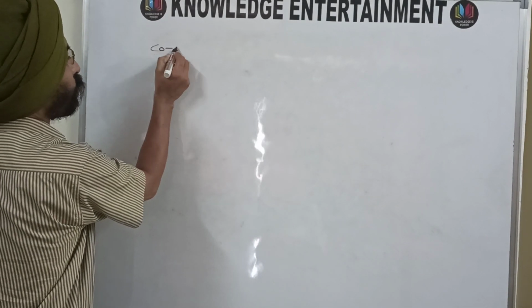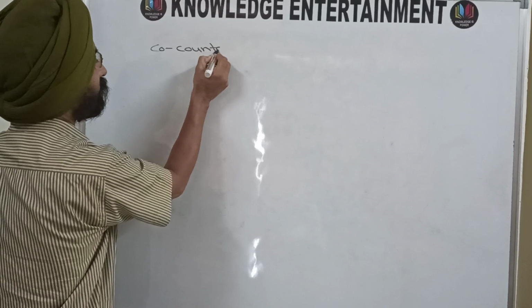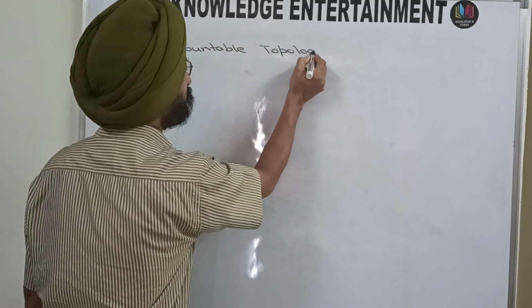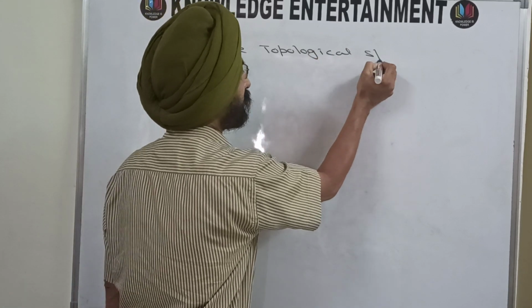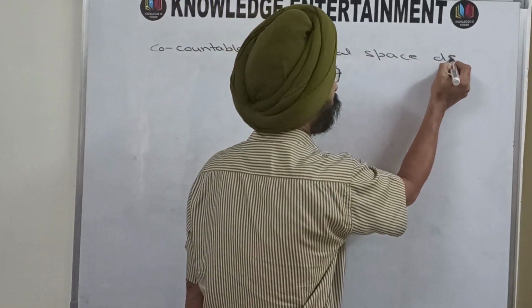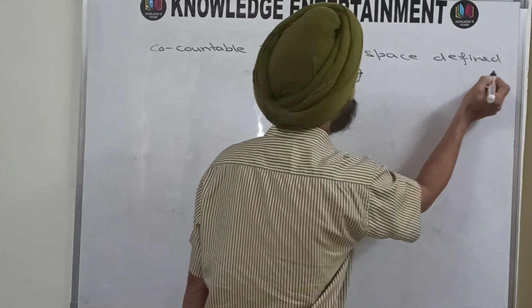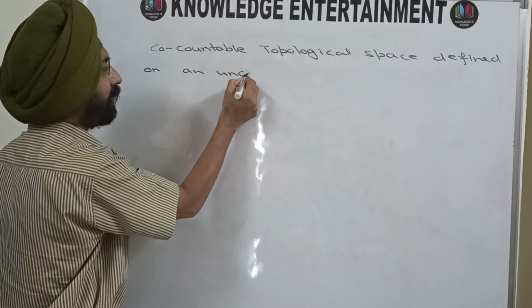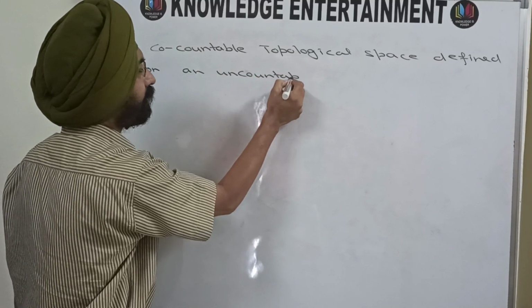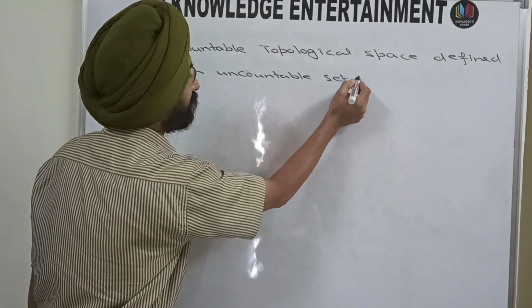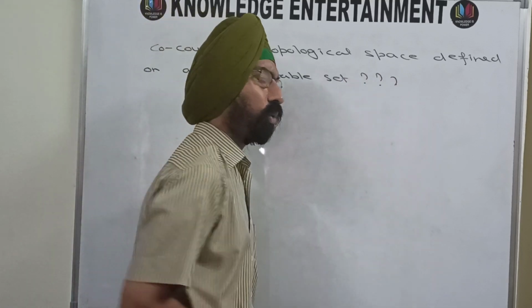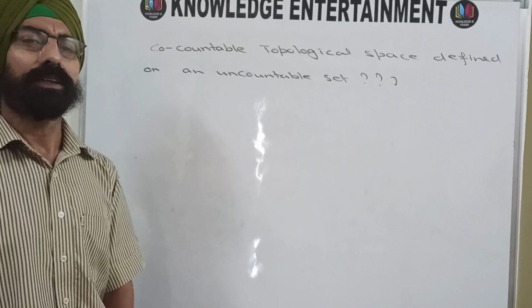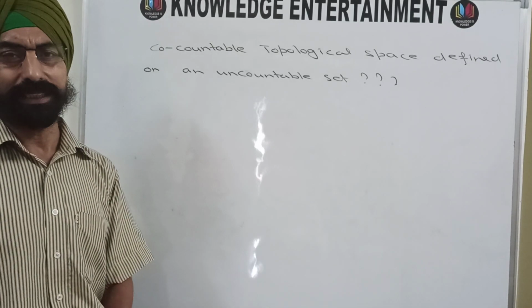What about co-countable topological space defined on an uncountable set? Will it be a T2 space or will it not be a T2 space?